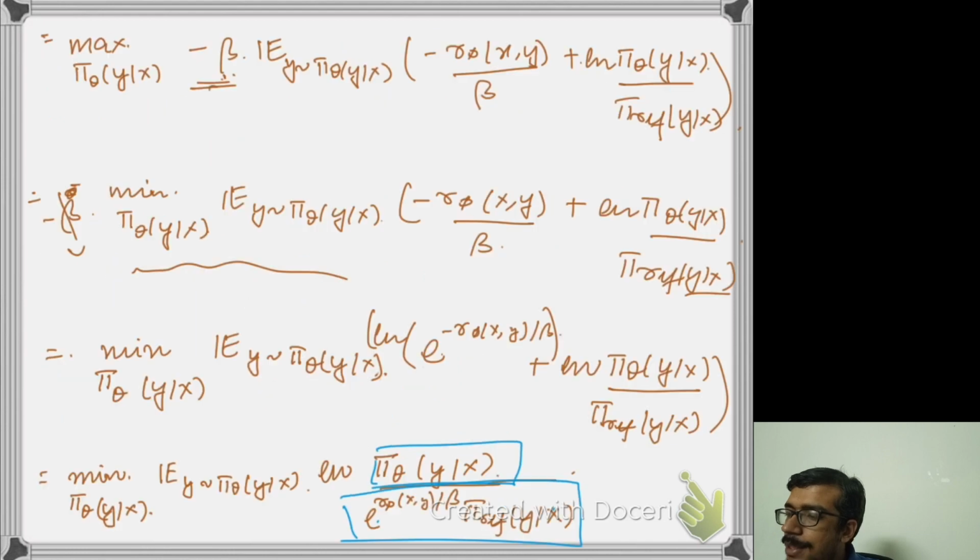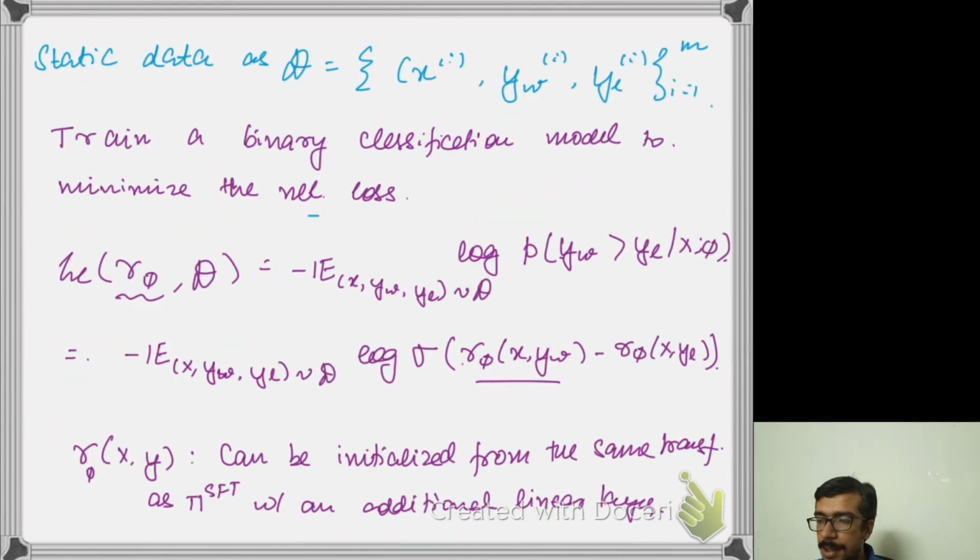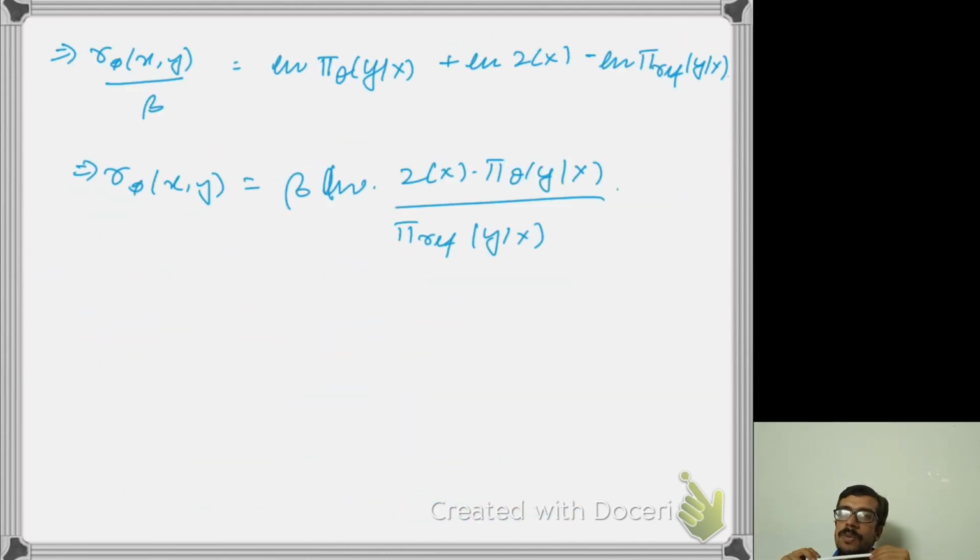But essentially, the thing is that zx does not involve any parameters, and as we will see in the objective function which comes from the Bradley-Terry model, this term is going to vanish away. So let's try this now. So this is the reward model in terms of policy and something which depends on x, right? It is not dependent on my parameters.